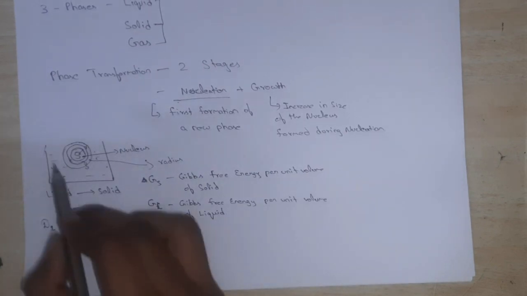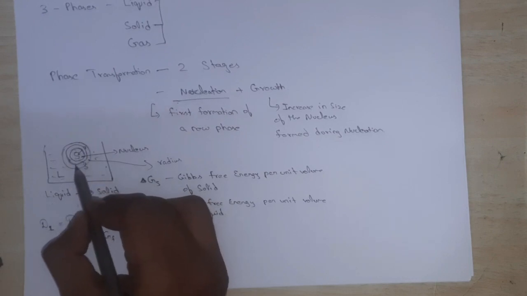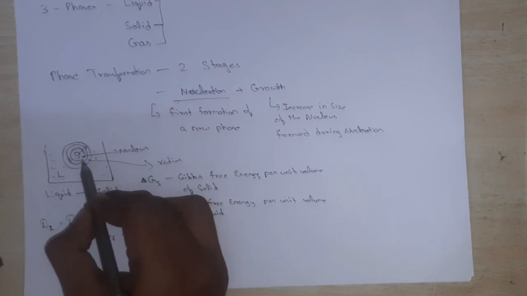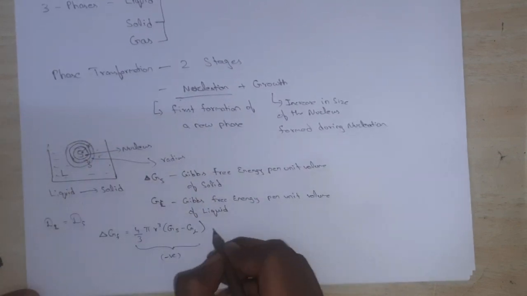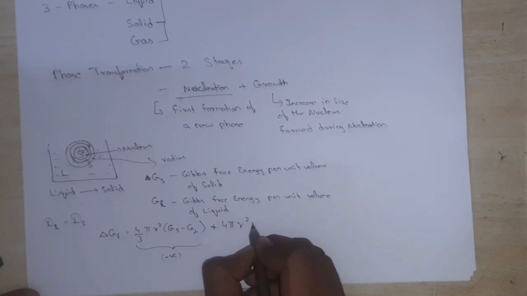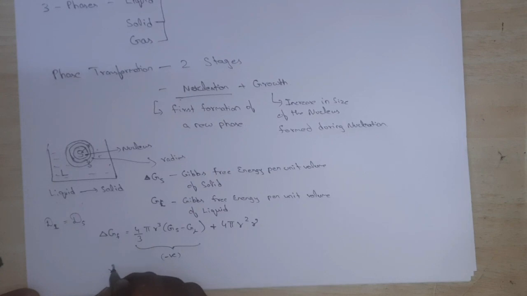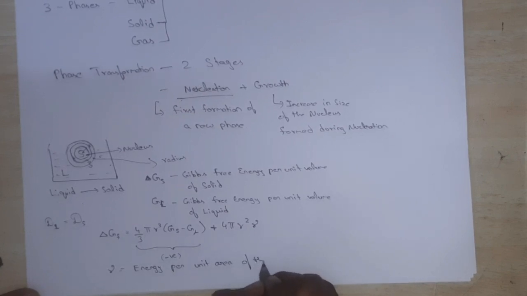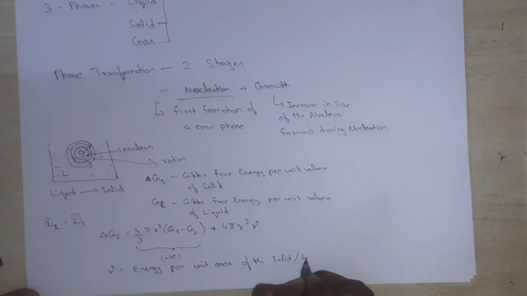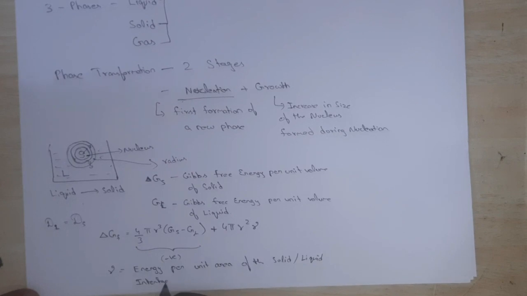But during the formation of this solid nucleus, at the interface of this liquid and solid, there will be an associated energy, and that will be the surface energy. So another term is 4 pi r square gamma, where gamma is the energy per unit area of the solid-liquid interface.